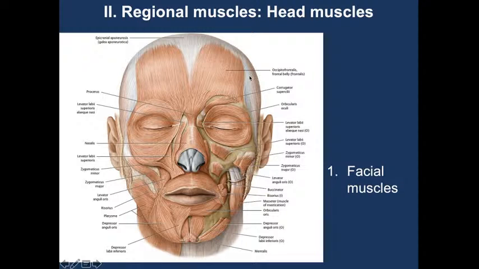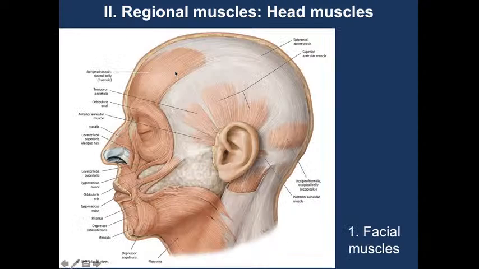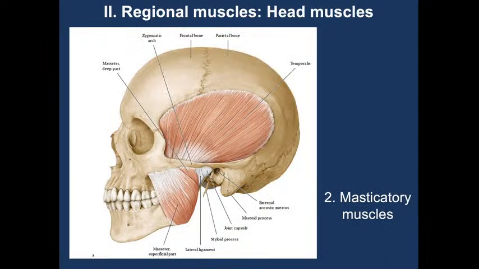These are the occipitofrontal muscles here. Another view shows the ear muscles. They are reduced in our body. We don't need to move our ears because we use our neck to listen directly to the source of voice.